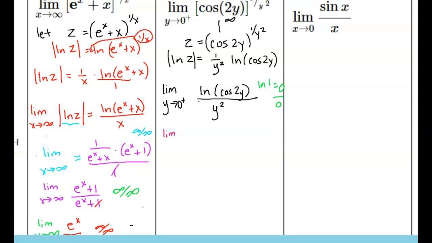So the limit as y approaches 0 from above, we get 1 over the inside times the derivative of the inside, which is kind of a chain rule. The derivative of cosine is negative sine. Its inside stays the same. And then we have to go back and do the derivative of the inside. The derivative of y squared is 2y.